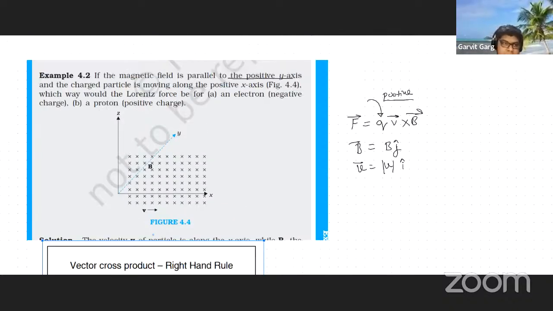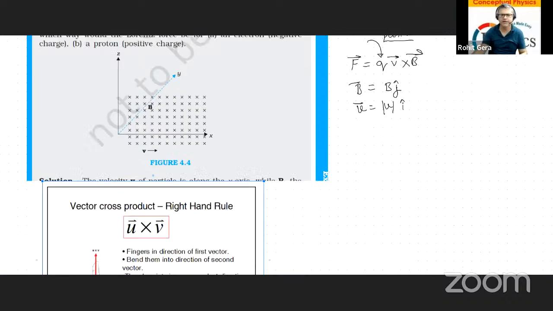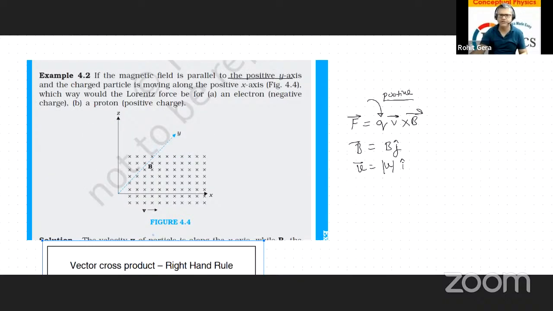So I have written, right, this is my force, and I have written it as per the direction, and then I am writing F is equal to Q V I cross B J.